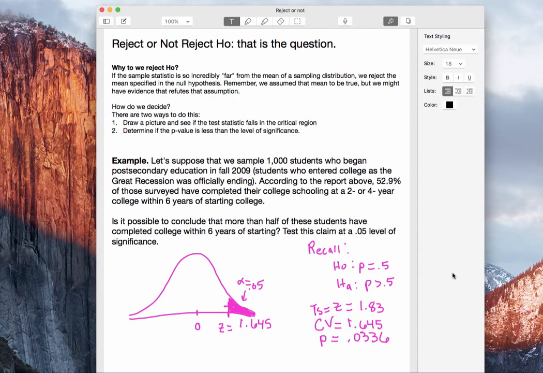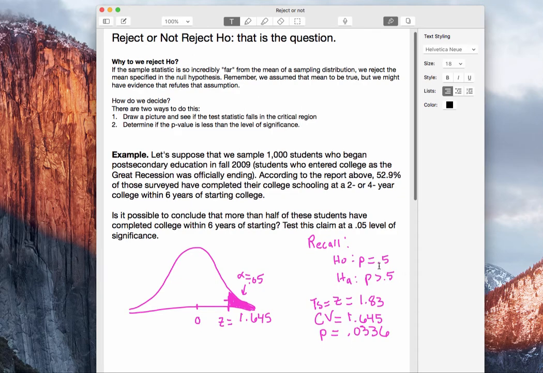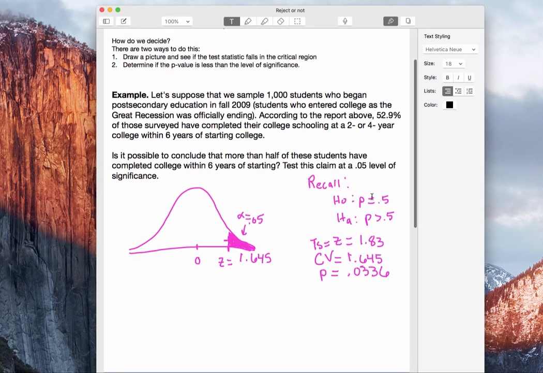So if you recall from our other videos, we had set up the hypotheses that the proportion is 0.5 that we assume to be true, and we're trying to see if more than half have completed college within 6 years of starting. In another video, we computed the critical value. We know it's a right-tailed test because of that word more.